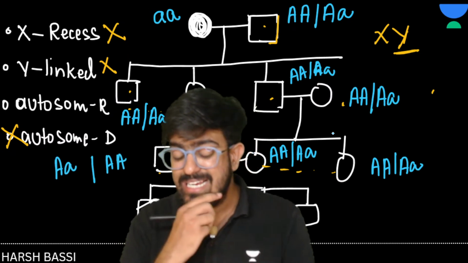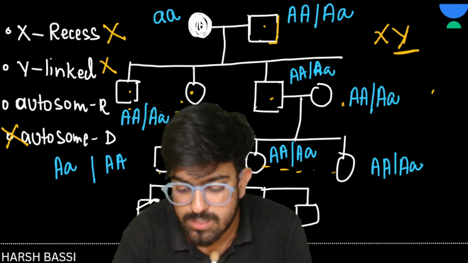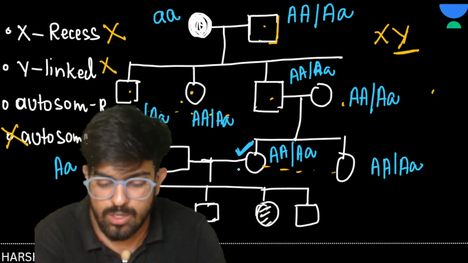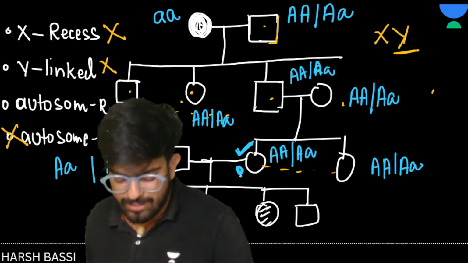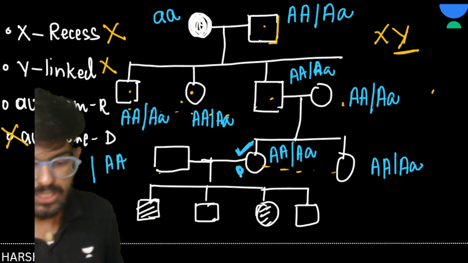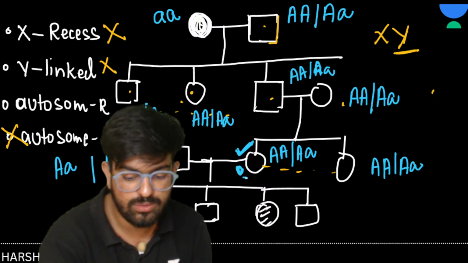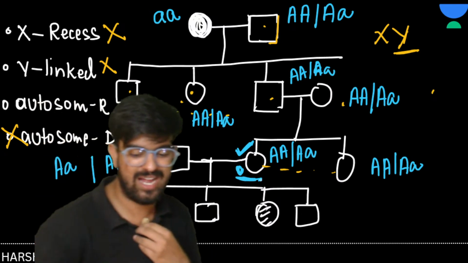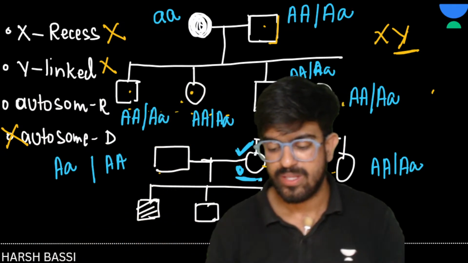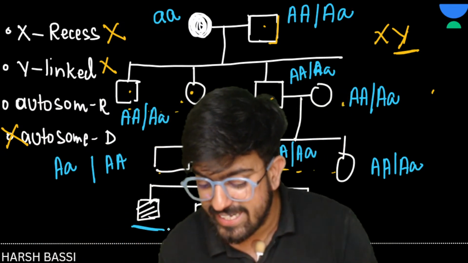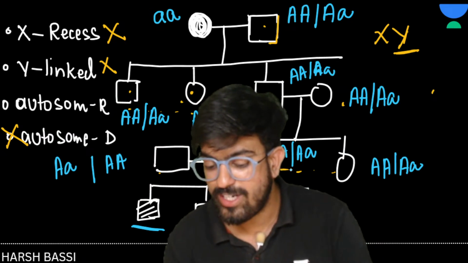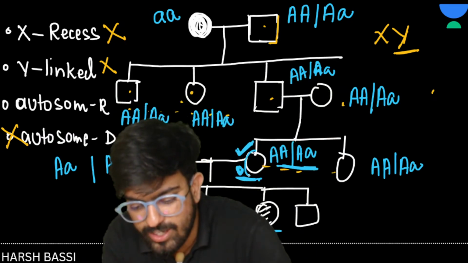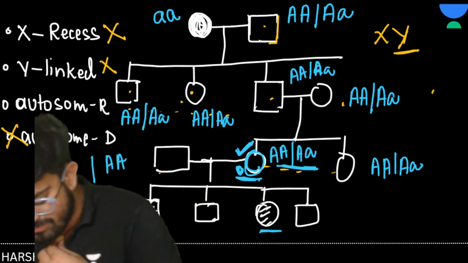Now, can I ask you what the possible genotype of this particular person is? What will be the exact genotype? Can you tell me? If you have understood this, you will be able to answer this. Think. These are affected. So what can be the genotype of this female?